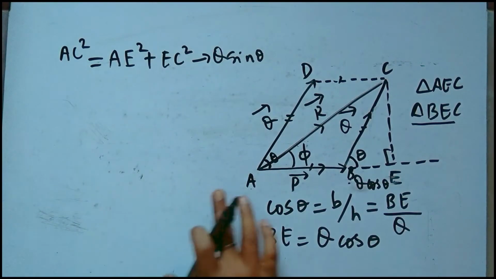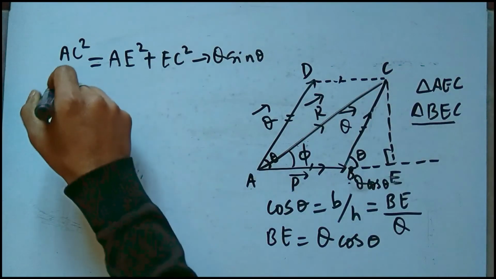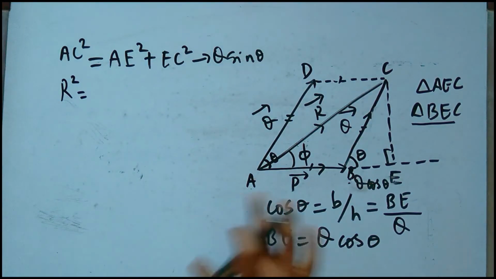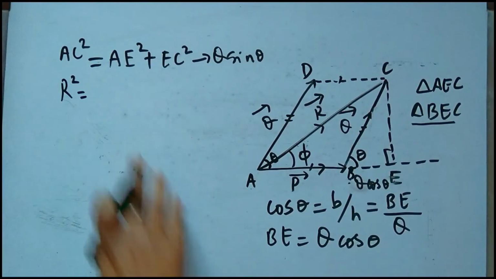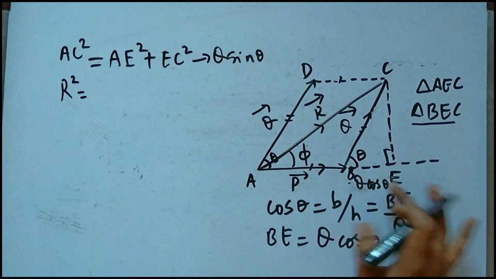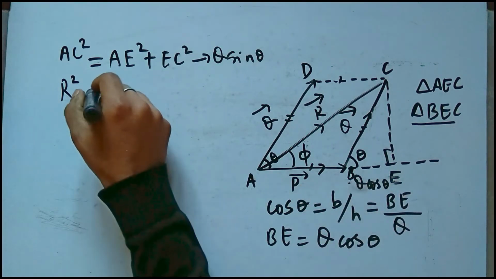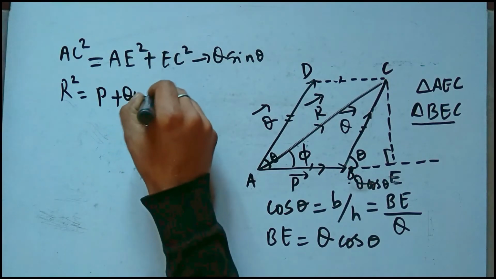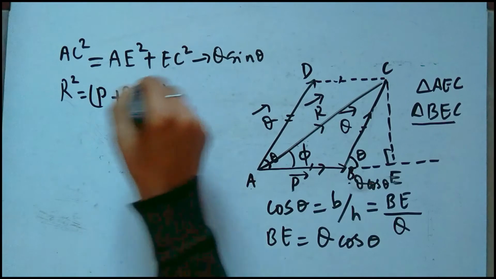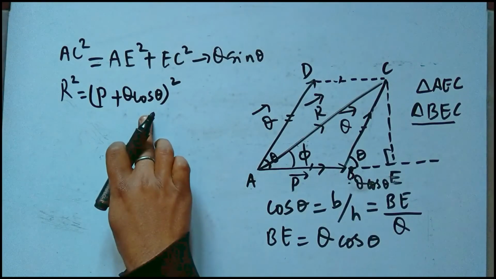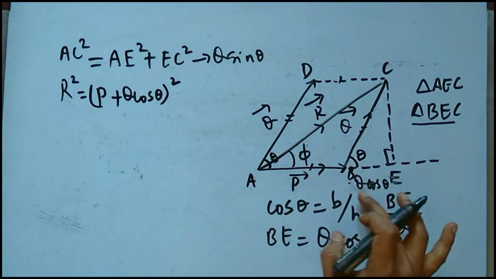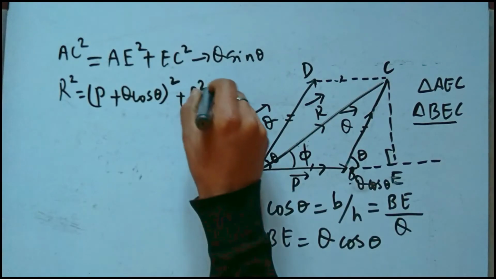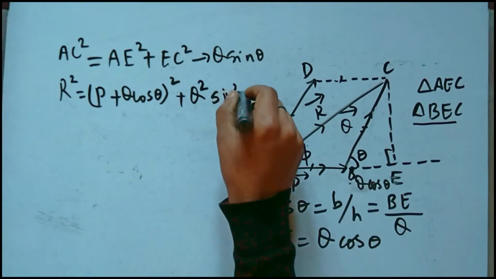So AC is represented by R square is equal to AE square. So AE is AB plus BE. So P plus Q cos theta whole square, plus Q square sine square theta.